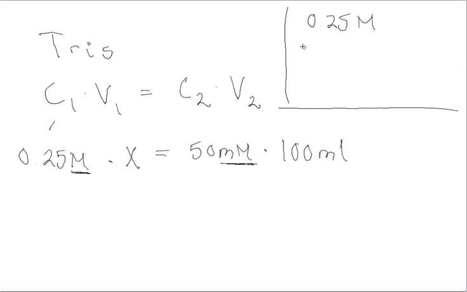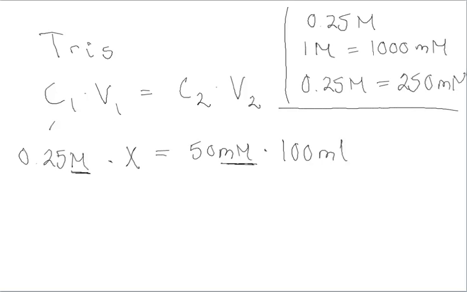And then if you have 0.25 molar, then 1 molar is 1000 millimolar, which means that 0.25 molar concentration is 250 millimolar.